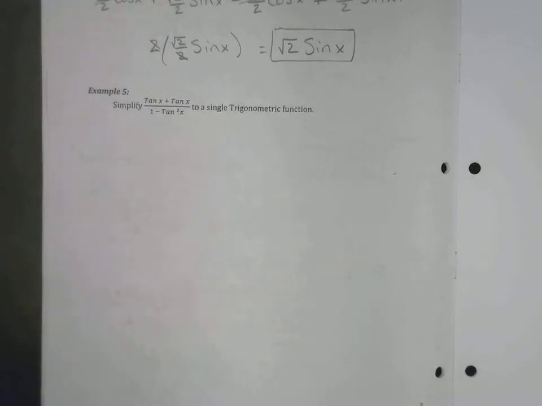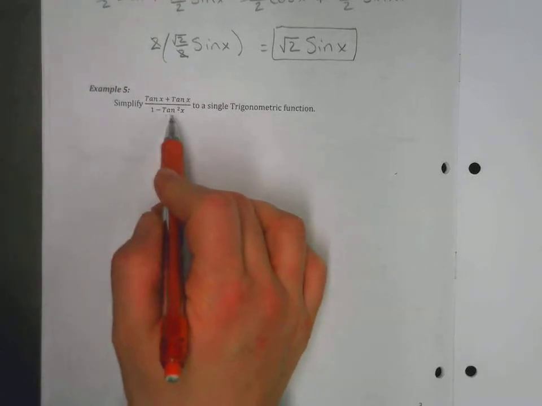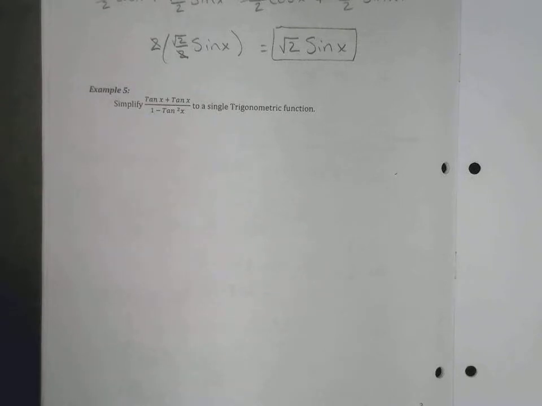All right, example 5. Simplify tangent of x plus tan of x, all over 1 minus tan squared x, to a single trigonometric function.